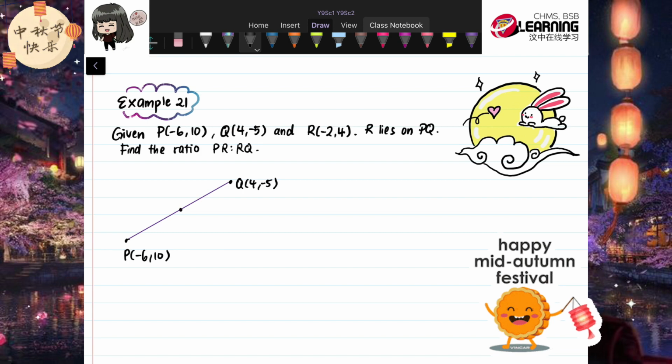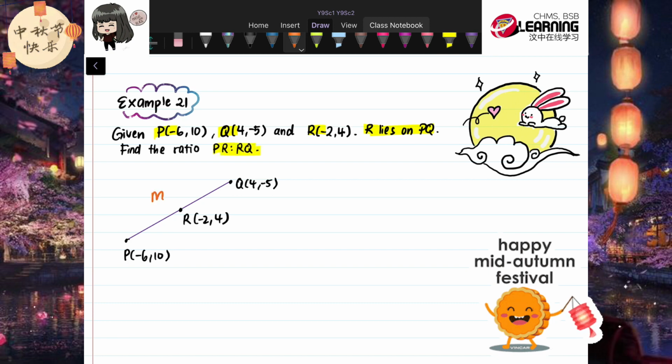R is here, (negative 2, 4). Okay, R is in the middle because here says R lies on PQ. So when you put PQ and R, make sure you put on the correct position because you need to know whether R is in the middle of PQ or Q in the middle of PR or where, right? So now we are finding the ratio.